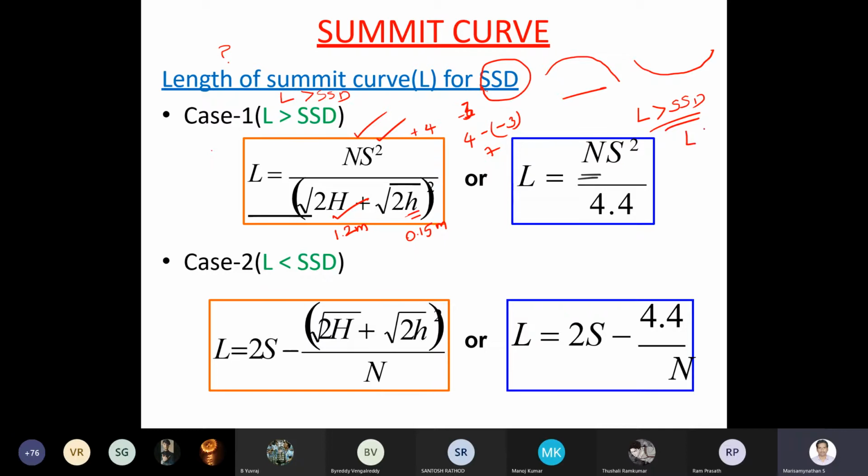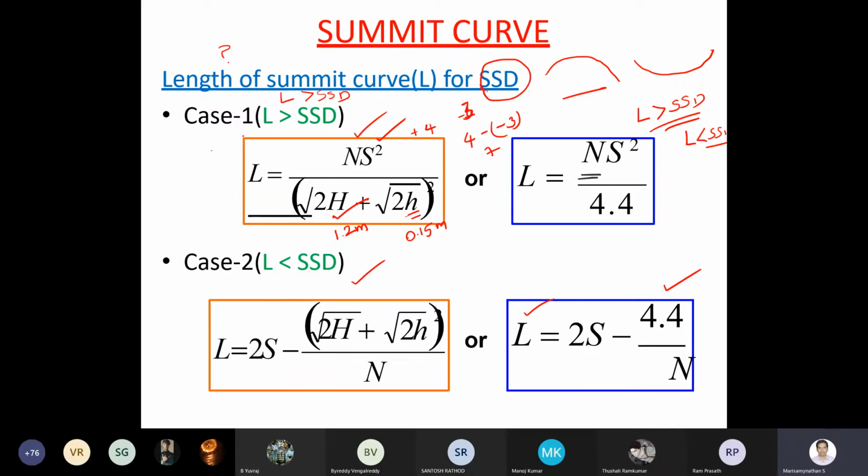In case L is less than SSD, then we have to go for the second equation, case 2, that is 2S minus 4.4 divided by N, and by applying that you get the length of the summit curve. So these are the two cases when the problem asks with respect to stopping sight distance. In case 1, you apply and check the assumption that length is greater than SSD.